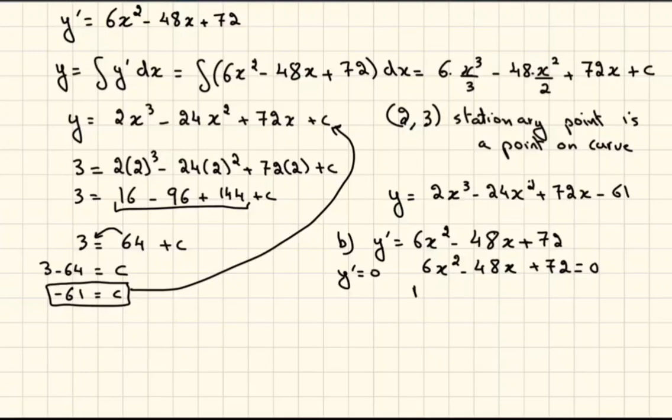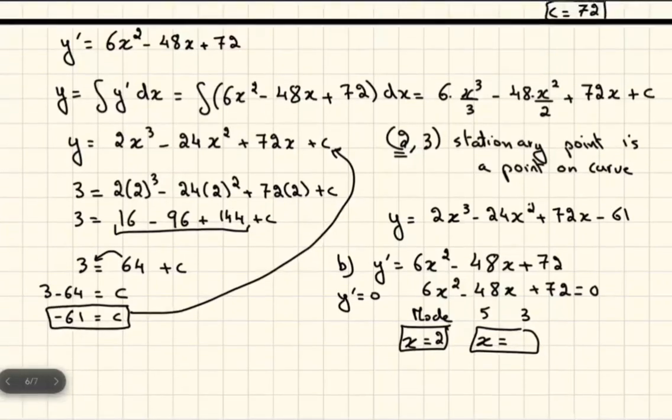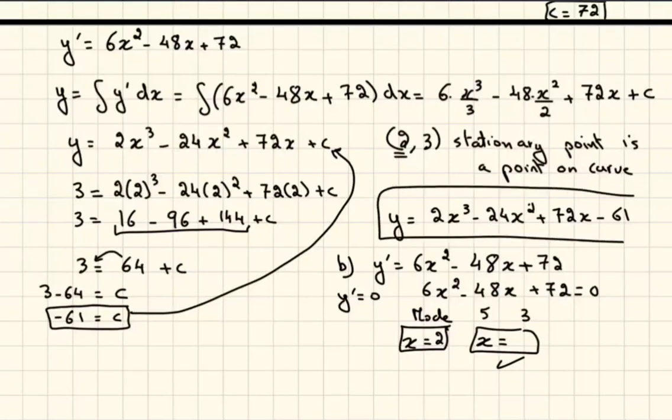Then use mode 5 3 for this on the calculator, and you will get two x values. One of the x values will be the 2 that you already have, and the other one will be your answer. If they want a full point, you take this x value and you replace it in the y we got here to get the full point.